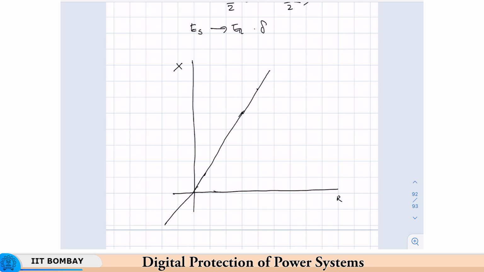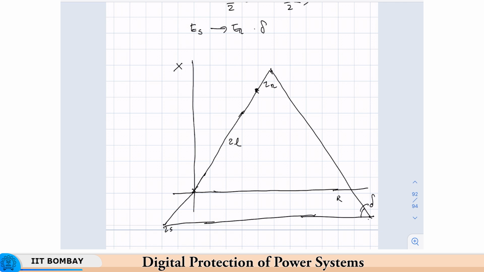Of course, the angle is closer to 90 than what I have drawn here, but for the sake of illustration, this would do. The portion between ZS and ZR is ZL, and this is the angle that is subtended. It seems a bit closer, but in actual practice it will be a bit far, because this delta is very small. So, this is the apparent impedance as seen by the relay.